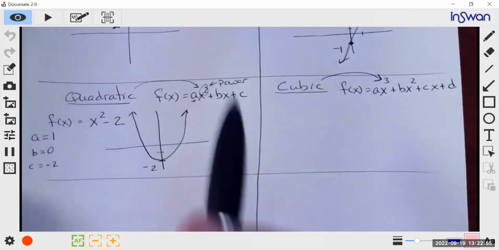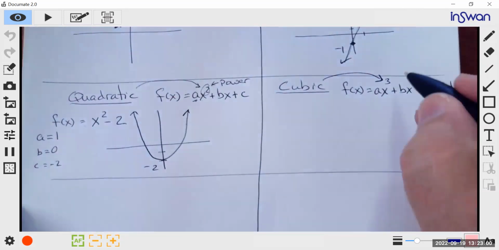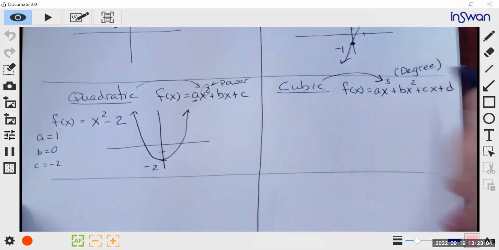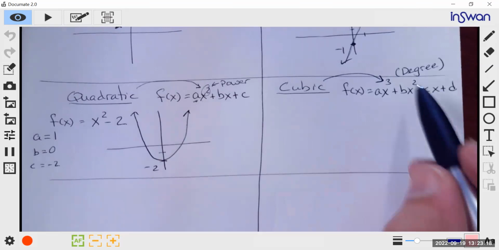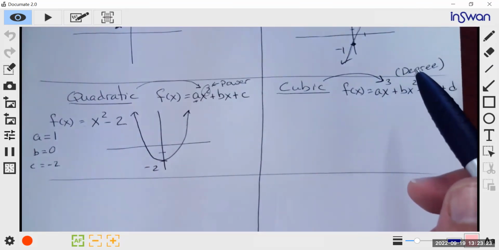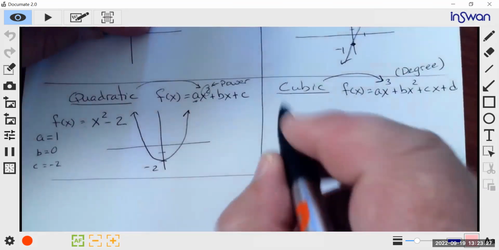Okay, now I didn't want to spoil it earlier. Instead of its power, the biggest power in an equation is called the degree. The degree of the equation is the largest exponent. It tells us a lot of things. Let me give you this picture first.